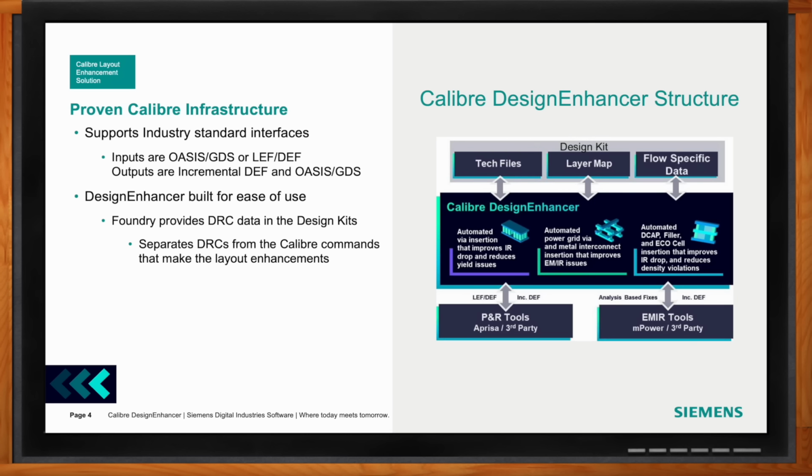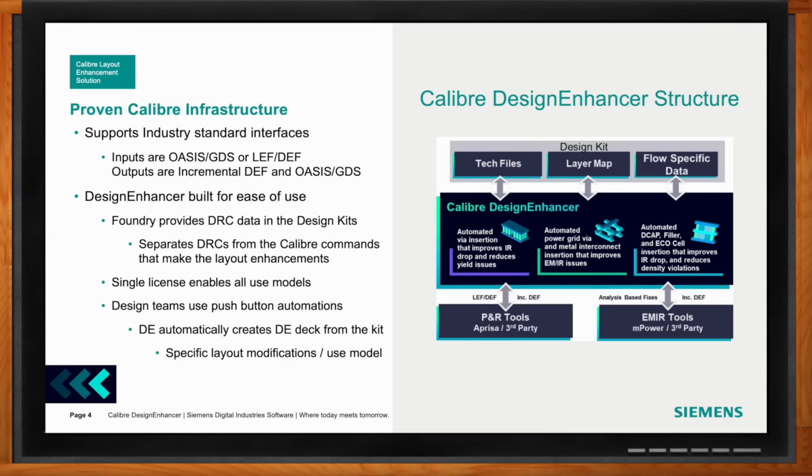These simple ASCII files are read into Design Enhancer. Then we look at the use model they're trying to run, and we have very specific layout modifications that take the information from this design kit and make sure it creates DRC clean results.